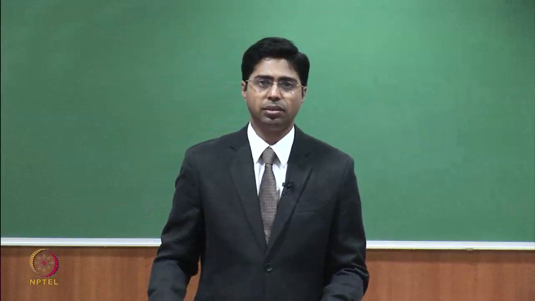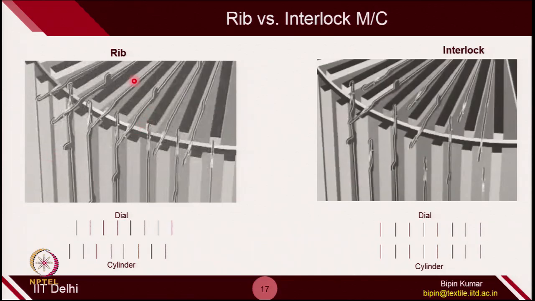In case of a rib machine, it has two beds, cylinder and dial, and the needles on these two beds are placed in such a way that they do not face each other. You can see here the dial is coming out from the bed, it is not facing the cylinder needles.